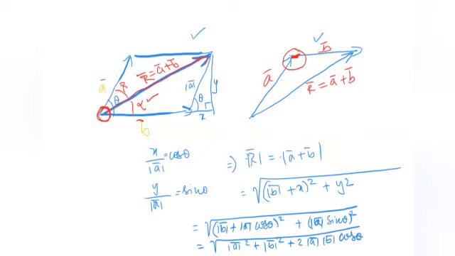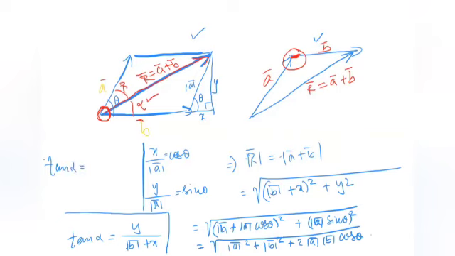That's it. And then tan alpha is again simple. That is equal to y divided by (mod b plus x). So this will give you the result: tan alpha is equal to mod a sin theta divided by (mod b plus mod a cos theta).